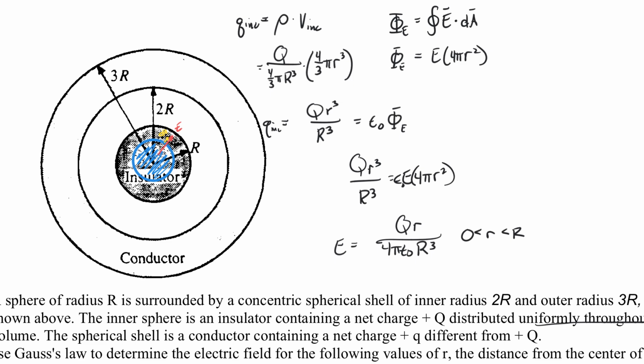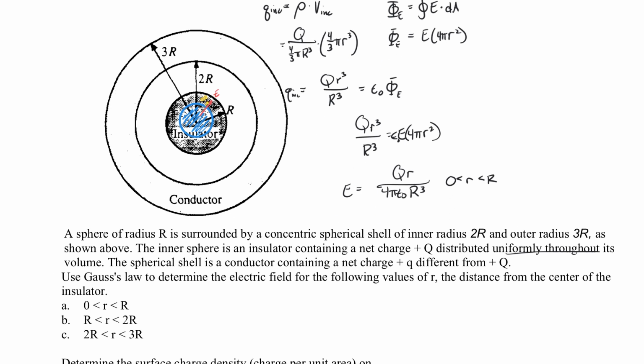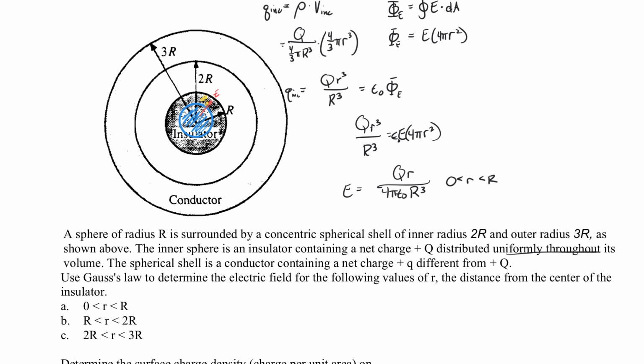Now, next they want to know what the electric field is from r equals big R to 2R. That one's pretty straightforward because that's like in a region like right here. And this whole thing just reads as a point charge.